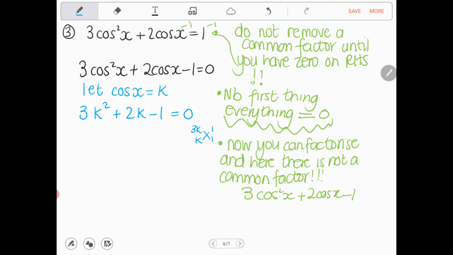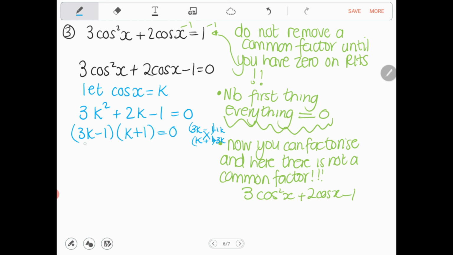All right, so this gives me 3k, this gives me 1k, we want a positive 2, so it's got to be a positive 3 and a negative 1, which means that those go in one bracket and those go in the other bracket. All right, so we've got 3k minus 1 and k plus 1 is equal to 0.